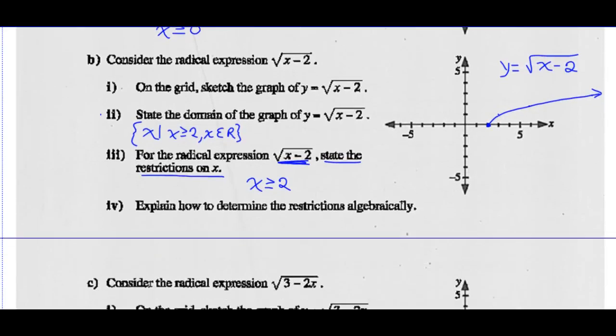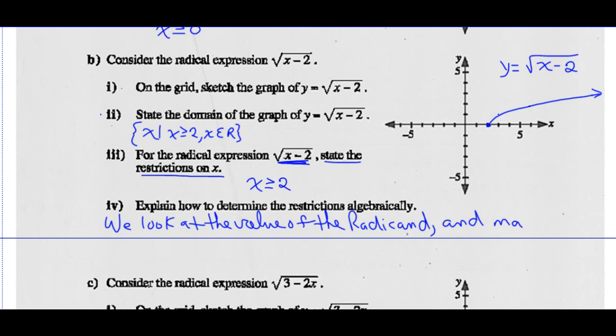All right, so explain how to determine the restrictions algebraically. What we're going to do is we look at the value of the radicand, which is what's underneath the square root sign, and make sure it is never negative.